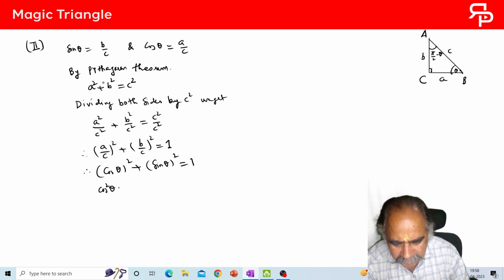So all the trigonometric identities you can prove by this right angle triangle.